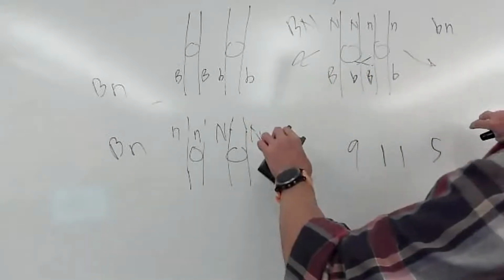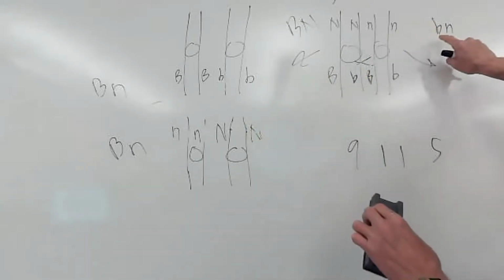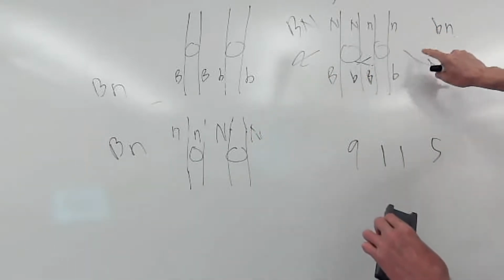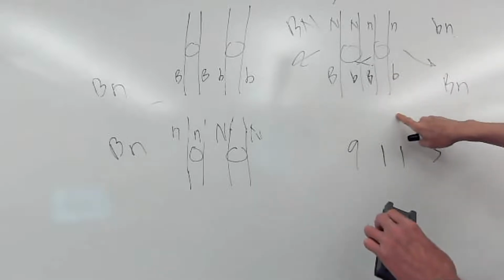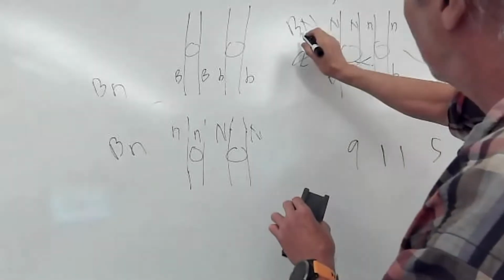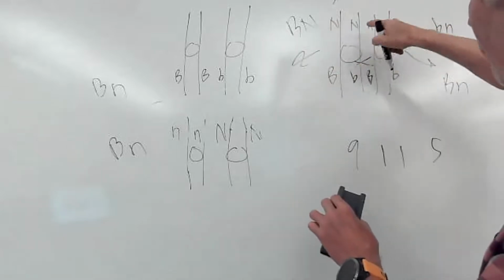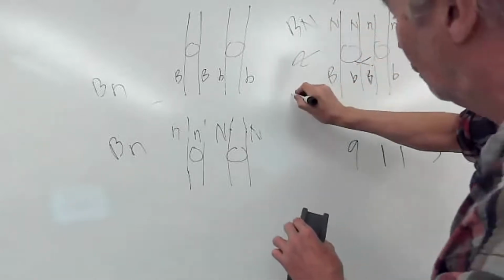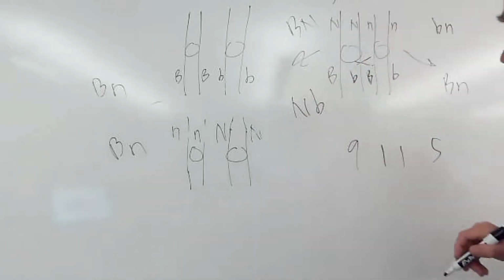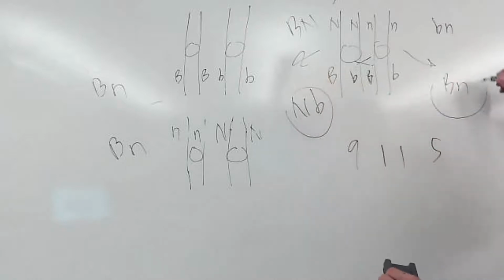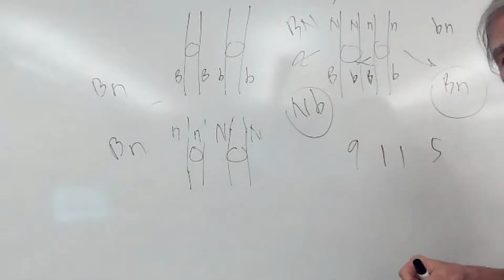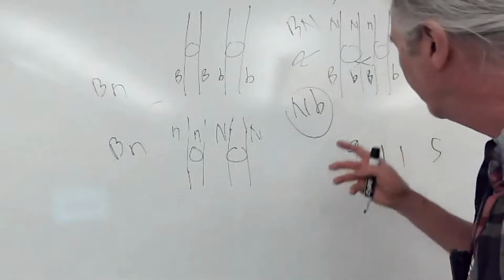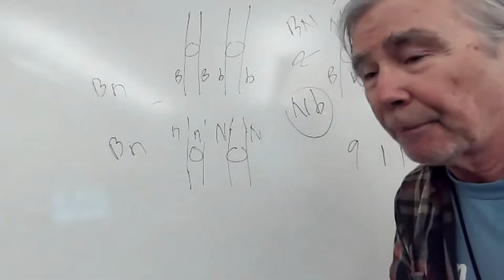Now, when they separate, you're going to get small b, small n, but you're also going to get big B, small n. And you're going to get the big B, big N over here, but you're also going to get big N, small b. So you can get the recombinant gamete combinations, even if they're on the same chromosome, if there's a crossover event between them.